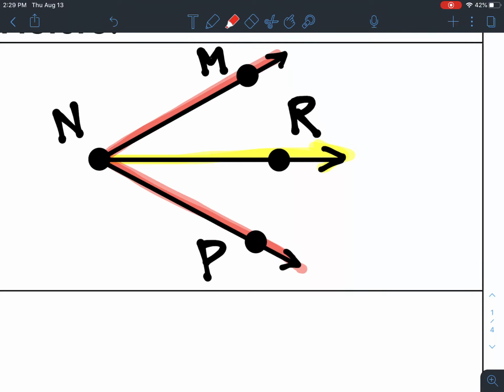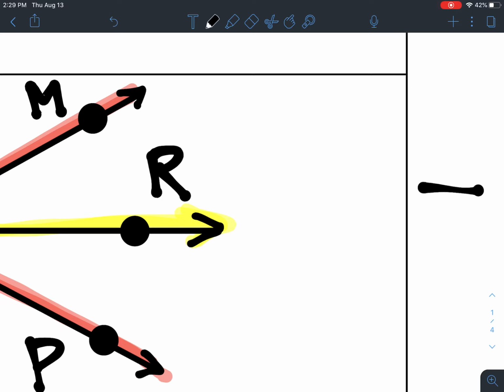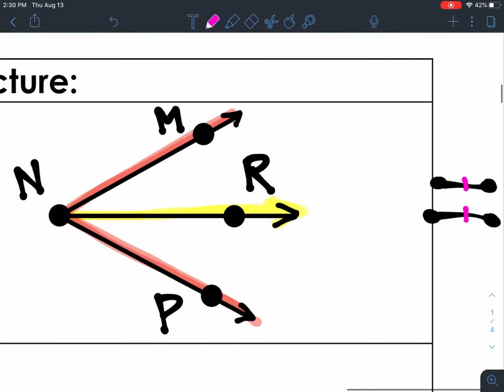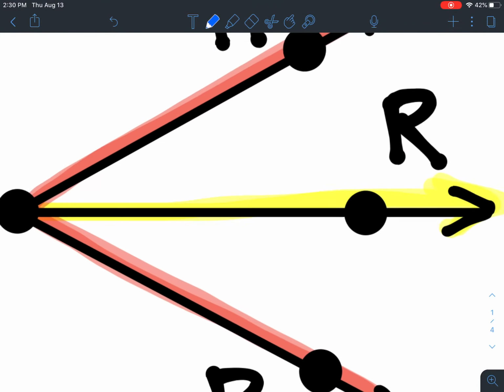Now, we've talked about congruent segments before. And congruent segments are segments that have the same length. And if you remember, if these two segments are congruent, I notated those to be congruent through those little tick marks. So we have our own version of the tick marks when we're talking about angles, and they're swoops, okay?